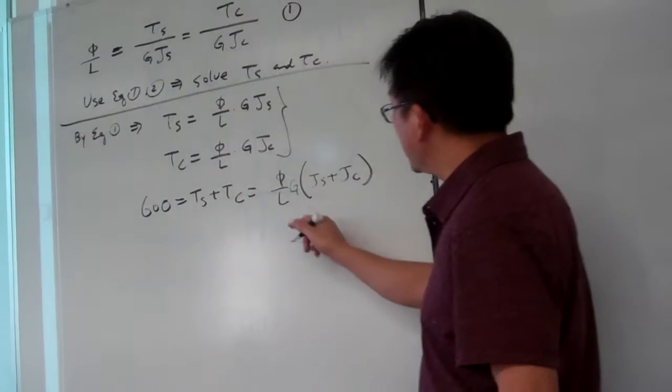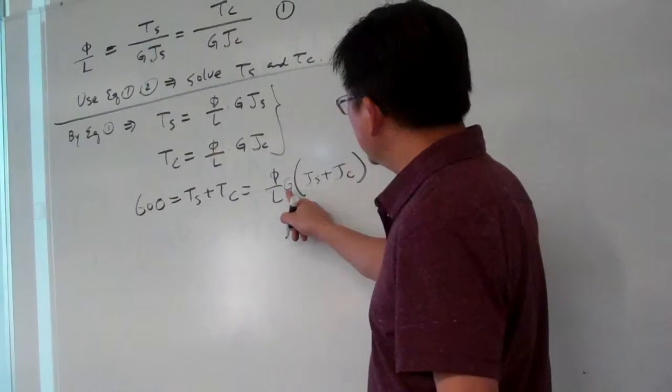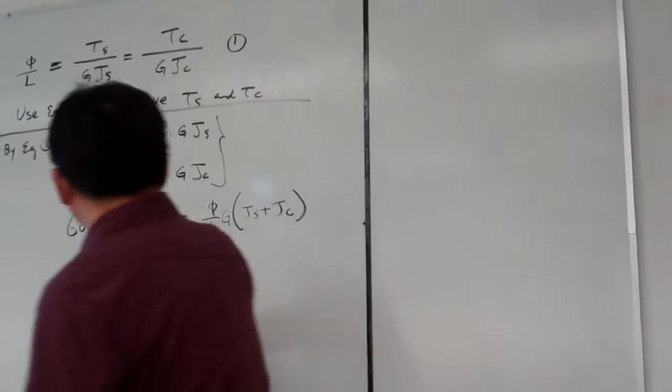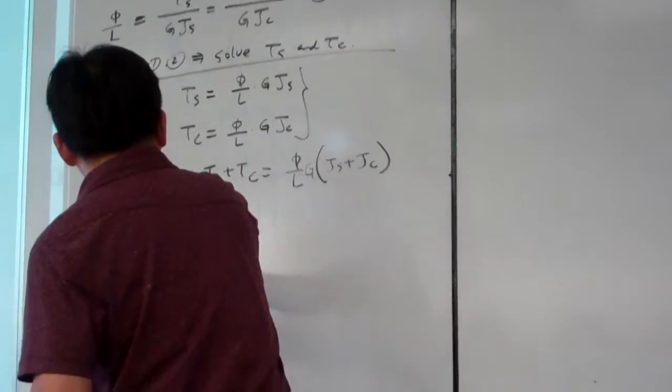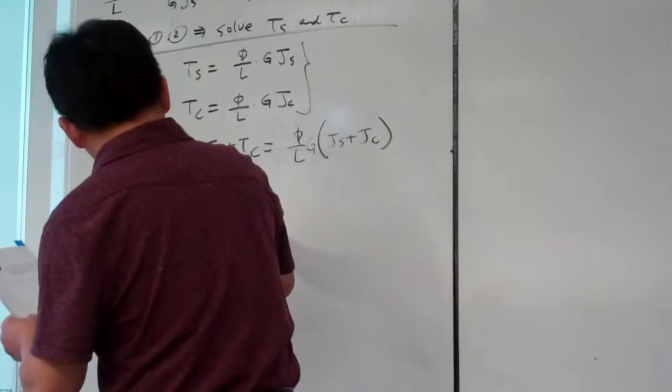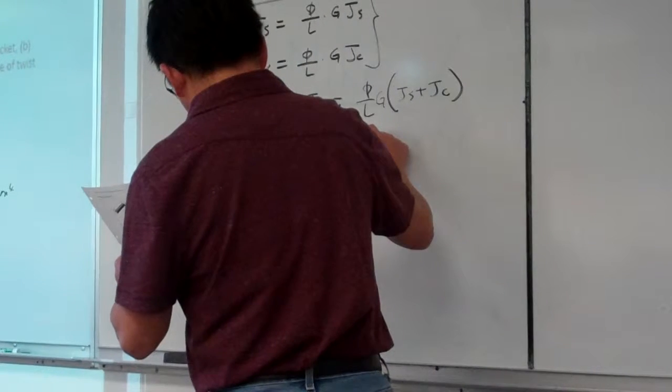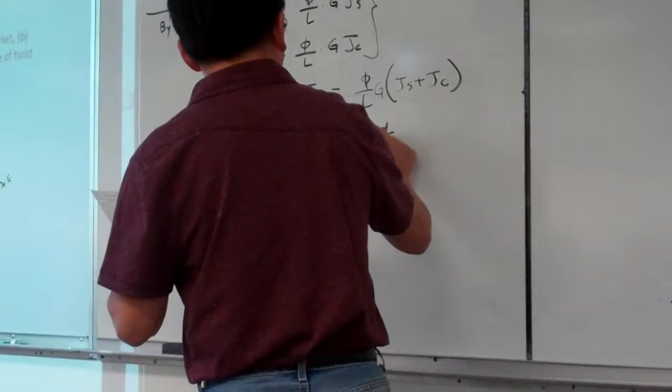So here we know the L, we know the G, we know the J. So here we can calculate, for example, phi over L, this number will be equal to 17.9 times 10 to the minus 3, and this should be radian per meter.